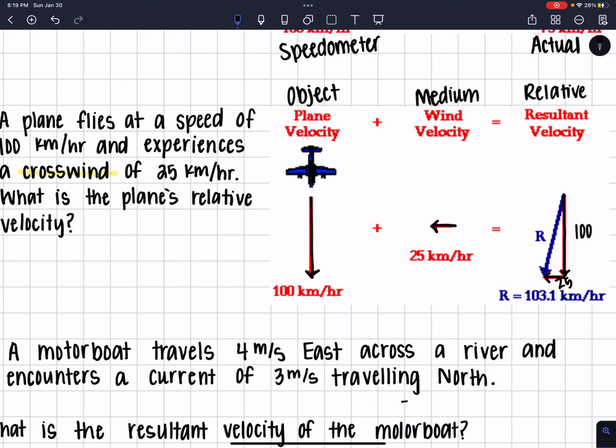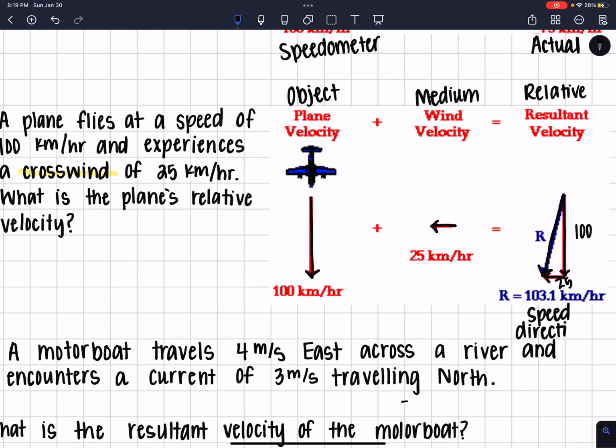Because the wind is pushing it horizontally, it's going to travel at an angle. So not only is this going to affect the speed, my plane is going to go a little bit faster at 103.1 kilometers per hour, but it's also going to affect the direction of my plane.